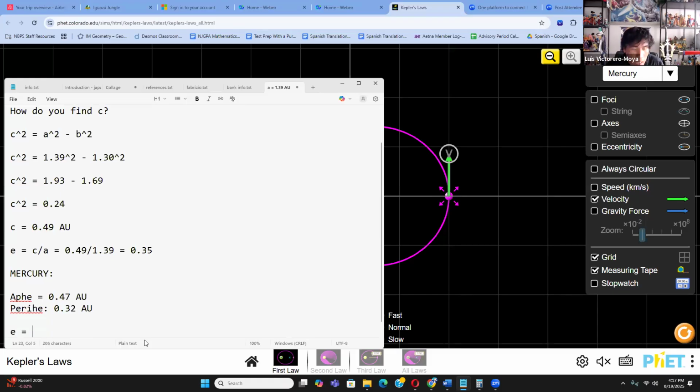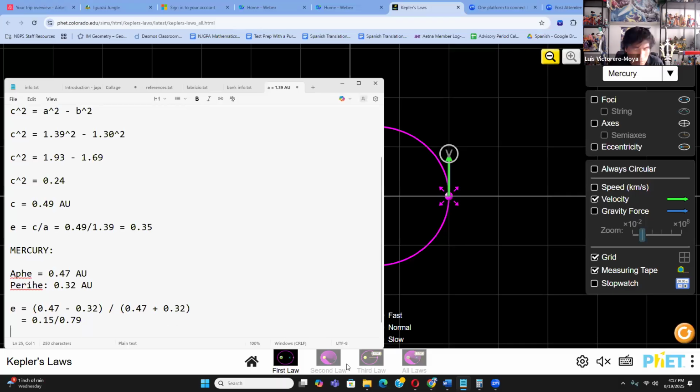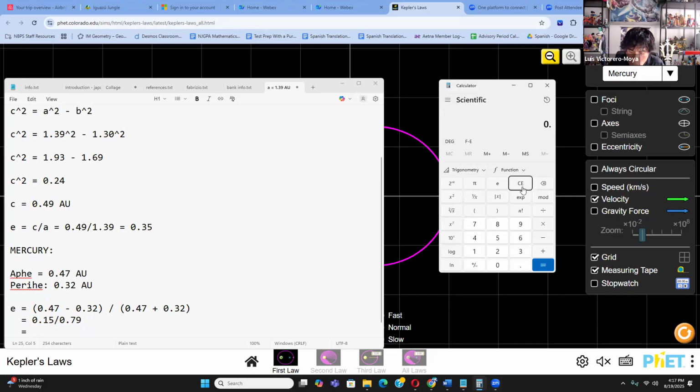So let's find the eccentricity. It is the aphelion minus the perihelion over the aphelion plus the perihelion. So 0.15 over 0.79. All right, let's see what I get. 0.19.